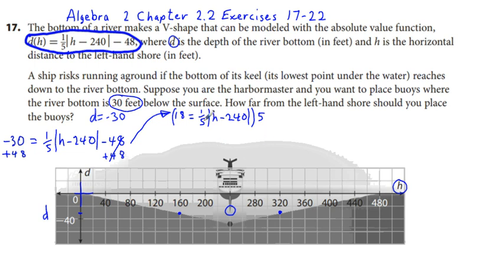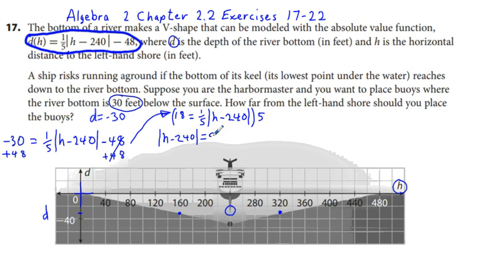And what happens is, on this right side, we have 5 times 1/5 equals 1. So what we have left on the right side is absolute value of quantity H minus 240. And when we multiply 5 by 18, that's going to be 90.